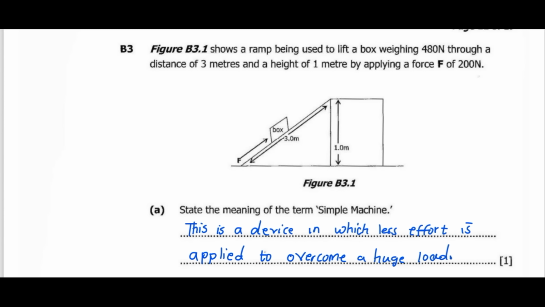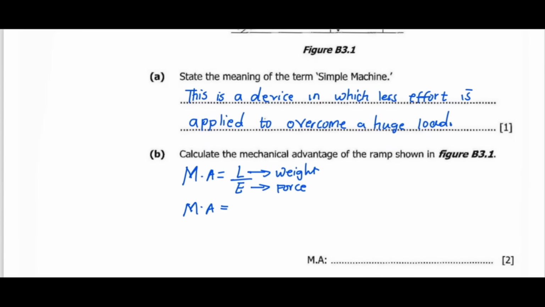So let's look at the question. A box weighing 480 newtons, so this is our load because this is weight. Then the force that was applied for this to move, there was a force of 200 newtons to push the box. So this is our effort. So we are going to have 480 divided by 200.